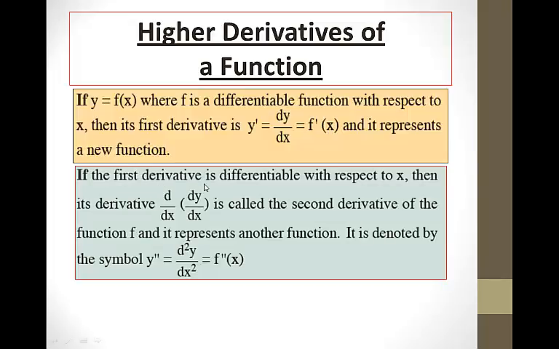If the first derivative is differentiable with respect to x, then its derivative d by dx for the first derivative is called the second derivative of the function f, and it represents another function.